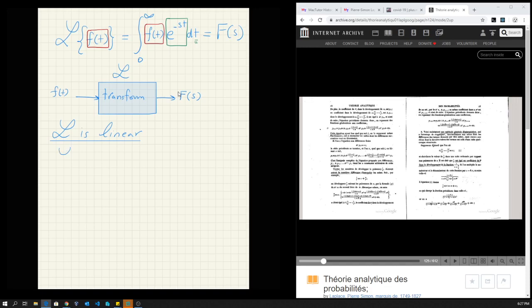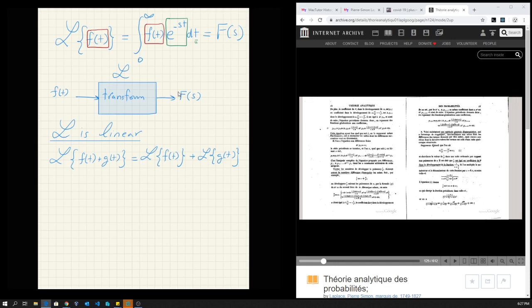So if you take the Laplace transform of two functions, f of t and g of t, you're going to get the same answer as taking the Laplace of each and adding the answers. This is the way the Laplace transform preserves vector addition, or function addition.